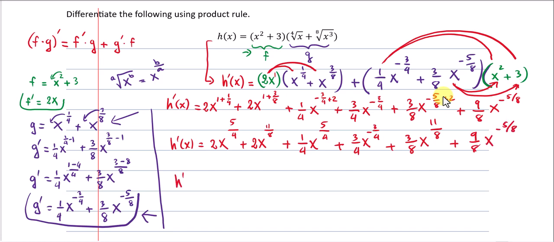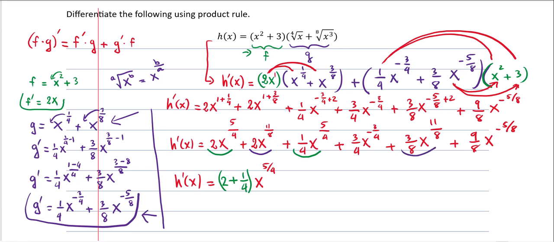Okay, it is ready to combine the like terms together. I do see the x to the 5 over 4 and also x to the 5 over 4 here. So I can combine the coefficients together, 2 and 1 over 4. We'll add them together and we'll keep the x to the 5 over 4 power. And the next term, we'll add the 2x to the 11 over 8.